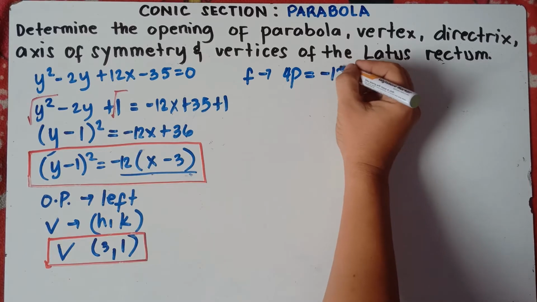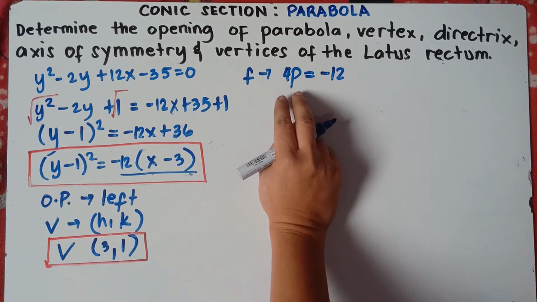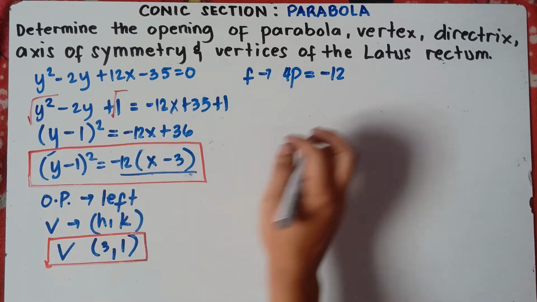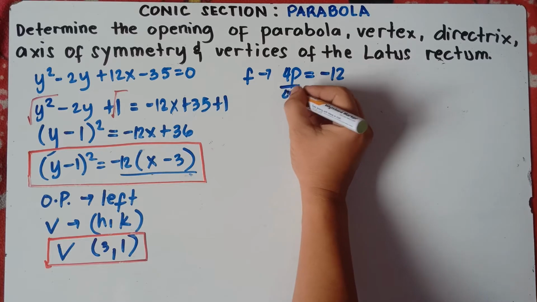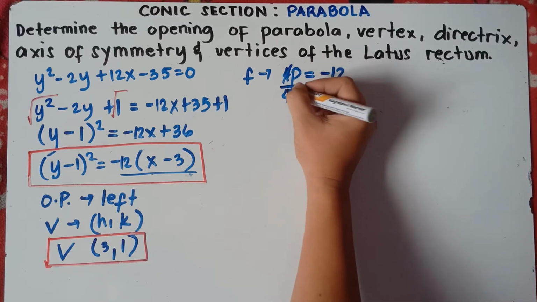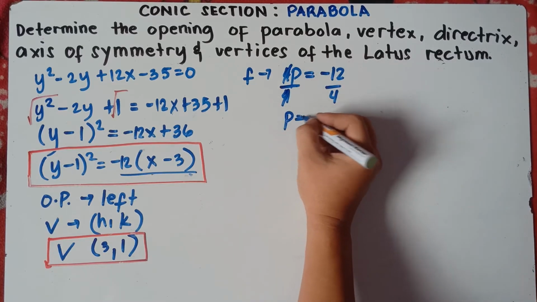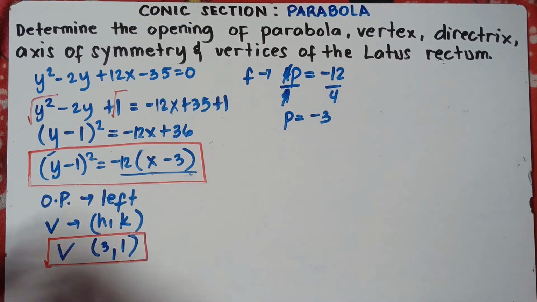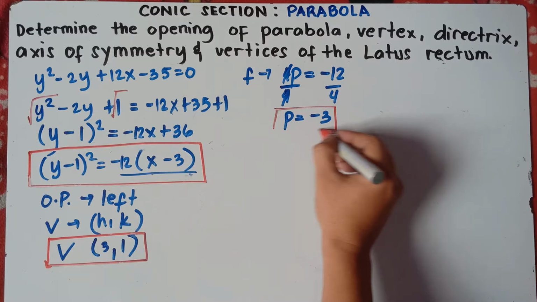So the formula of the focus, it's always 4p. Always remember this one. So 4p equals, then you get the number beside the quantity, negative 12, and divide it by 4. So our p is equal to negative 12 divided by 4, that's negative 3. So our p, or our focus, that would be equal to negative 3.